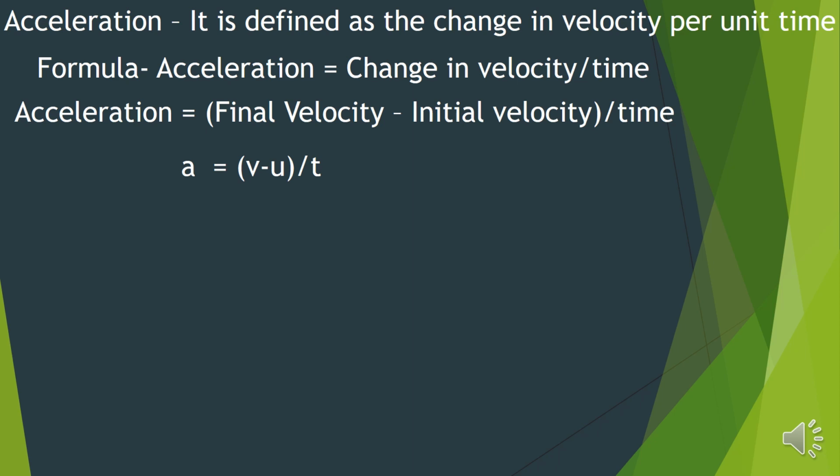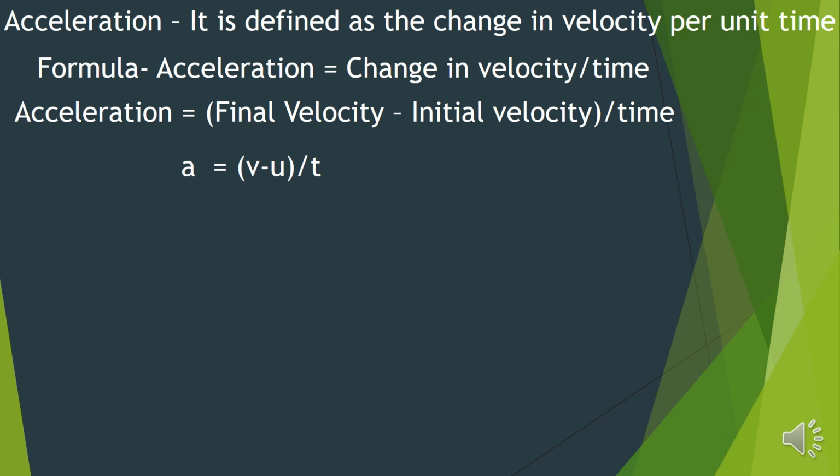Now let us try to derive the unit for acceleration. To derive the unit, we write the formula. a equals v minus u by t. What is v minus u? Change in velocity. After writing the formula, we write the units for numerator and denominator. In the numerator, we have change in velocity.